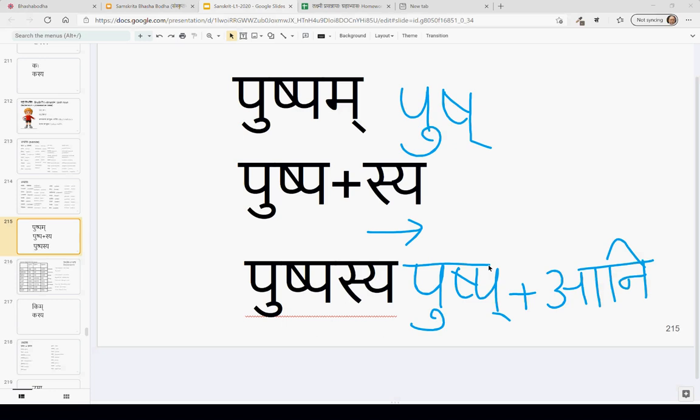For a napumsakalinga word like gruhani, etc., ani is coming as the suffix for the prathama vibhakti bahuvachanam. So here we have sh as the trigger letter, and in between we have pa, and obviously i is a swara. Swaras are not going to prevent, and pa is not going to prevent it. So this ni changes to na.